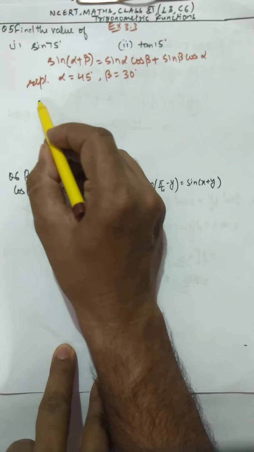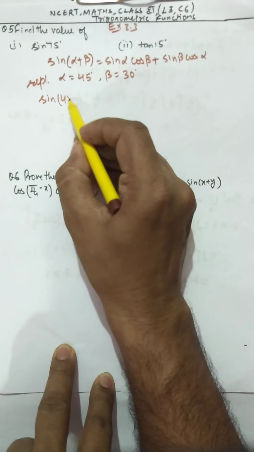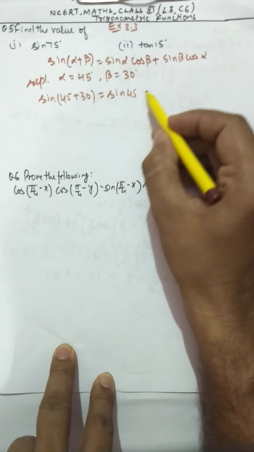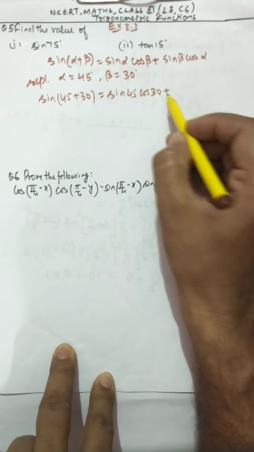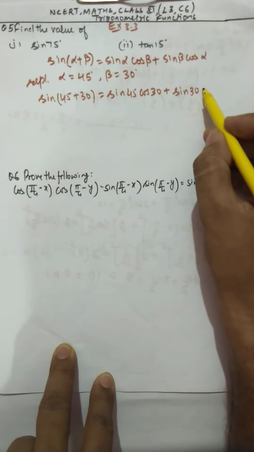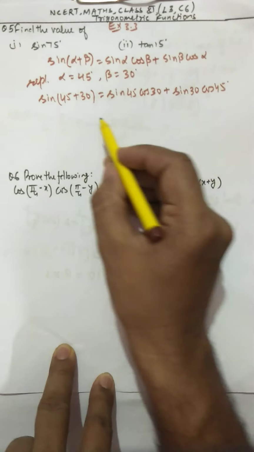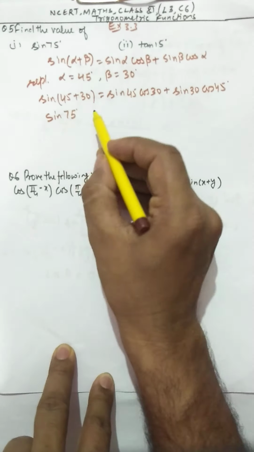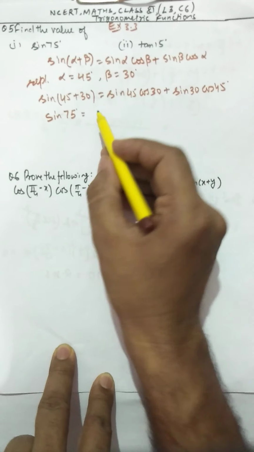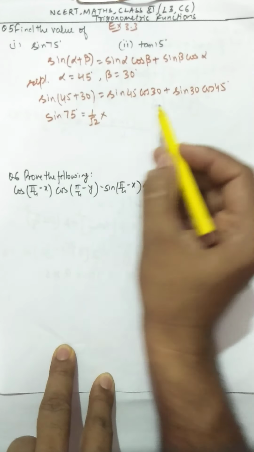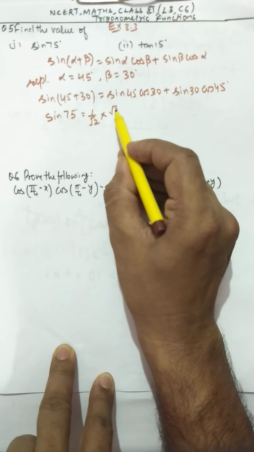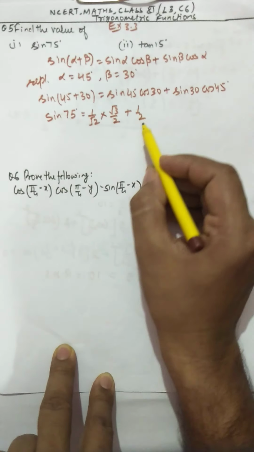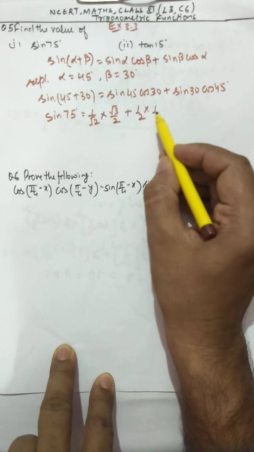You see what comes, then this will be sine 45 plus 30, and here it will be sine 45, cos 30 plus sine 30, cos 45 degree. So now this becomes sine 75 degree, and sine 45 is 1 by root 2, cos 30 is root 3 by 2, sine 30 is 1 by 2, and cos 45 is going to be 1 upon root 2.